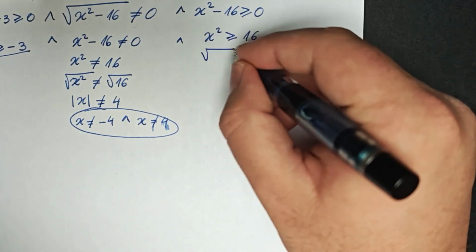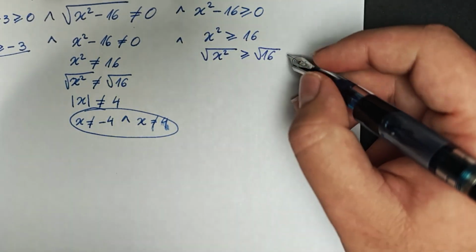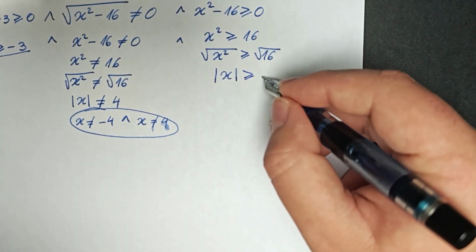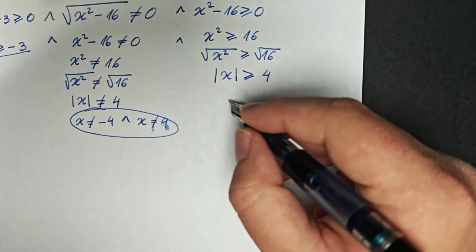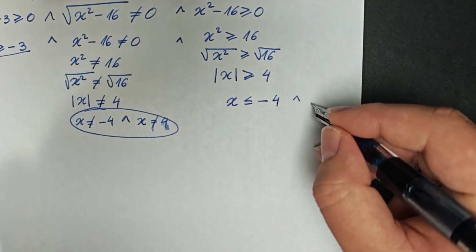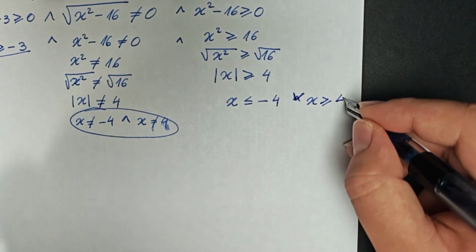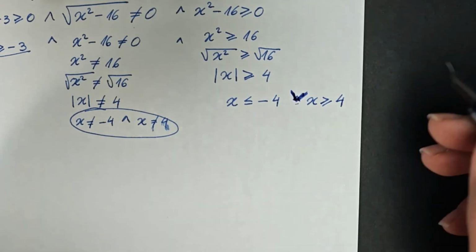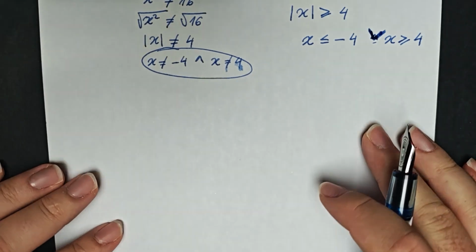That means that the square root of x squared is larger or equal than the square root of 16, and that means that the absolute value of x has to be larger or equal than the number 4. This will give us that x has to be smaller or equal to negative 4, or x has to be larger or equal to 4. This is not and, this is or. My mistake.